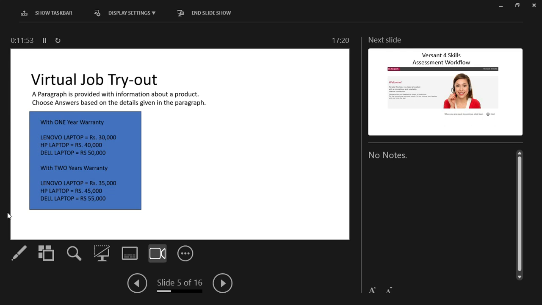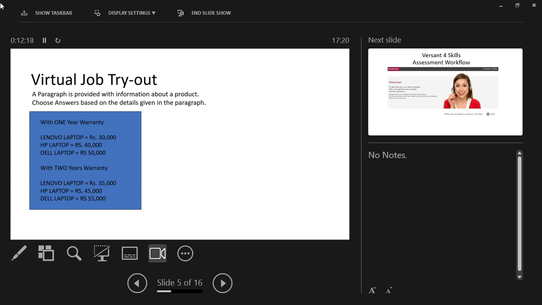So all you need to do here is read the paragraph, the information about the product, and understand what the product has to offer, what services it offers, and as and when you have a query from your customer, you just have to recommend the right option.